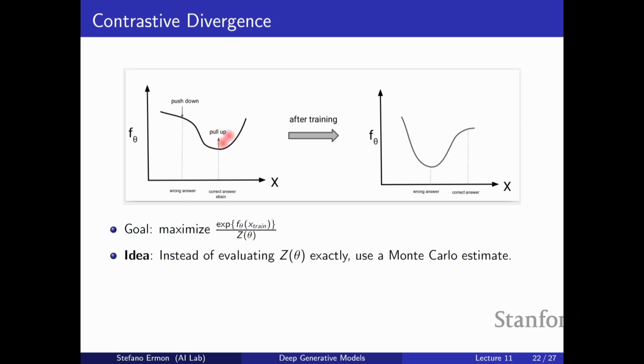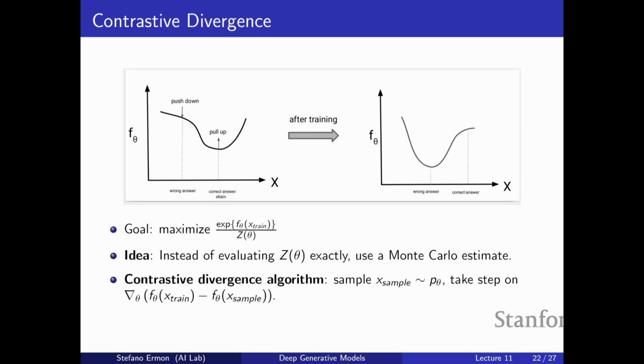We have a positive sample, which is what we like in the training set. There's going to be a bunch of negative samples that we sample, and we're going to try to contrast them. We're going to try to increase the probability of the positive one and decrease the probability of everything else. And that's basically the contrastive divergence algorithm that was used to train the RBM, the DBM that we had before.